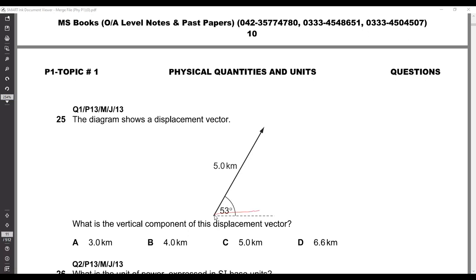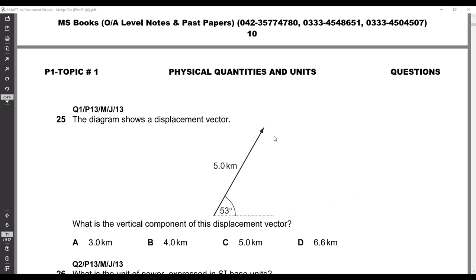So it's 5 and it's the adjacent component to theta. Remember, it's the adjacent component. So 5 cos 53. So let me check it out. It's A3. Tanya, it's 5 cos adjacent component to theta. Isn't that one adjacent to theta? Oh, sorry, my mistake. They have asked vertical. So it's 4.